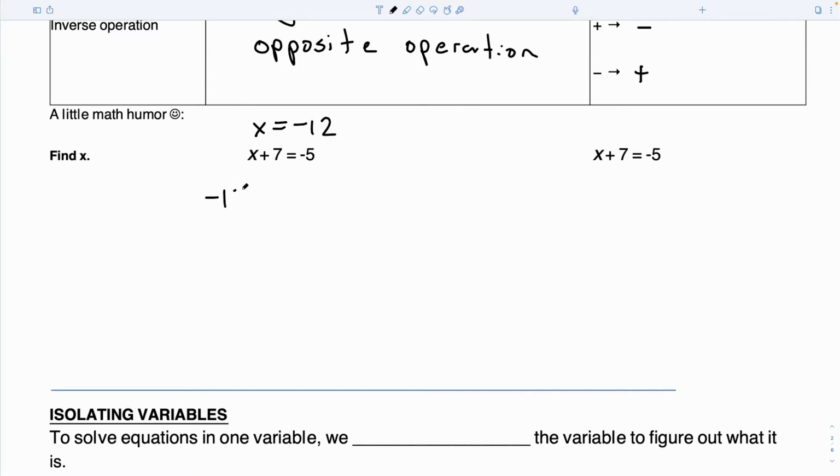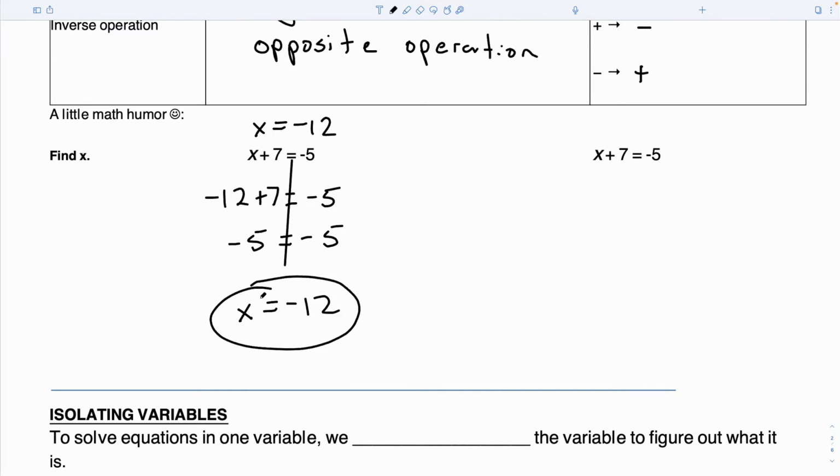Negative 12 plus 7 is on the left side. Let's separate the equal sign to see if we actually made this work. Does this left side equal the right side with a negative 12? Yeah, negative 12 plus 7 is negative 5. You just found a number for x that makes this true. It is the only number for this equation that will work. So you know the x value is negative 12.